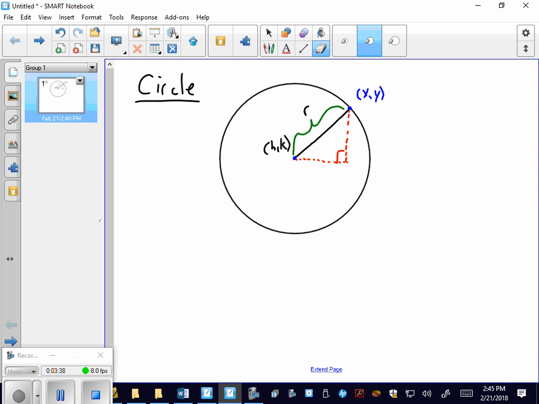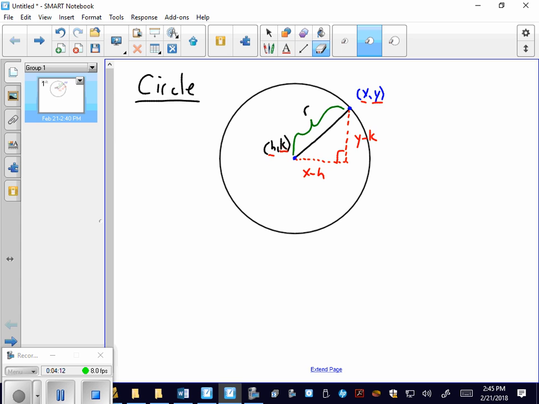Since this right here on the bottom is the change in the x values, well, the second x value is x. The first x value is h. So the distance here on the bottom is x minus h. And then the distance on the y values, well, this is your second y value, this is your first y value, so the distance here is y minus k. And then the distance, like I said, from the center out to the blue point is r, that's your radius.